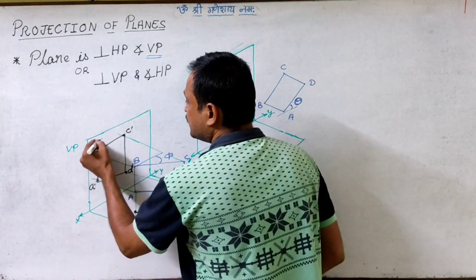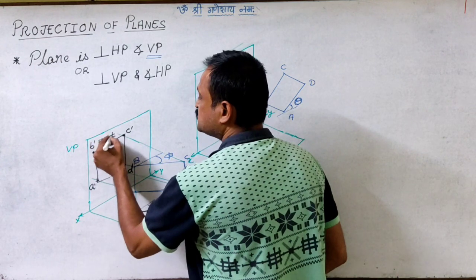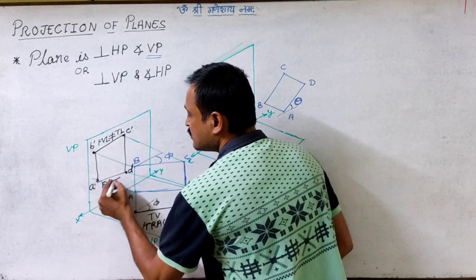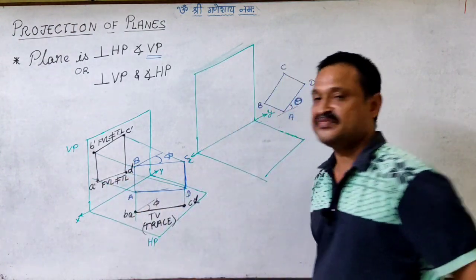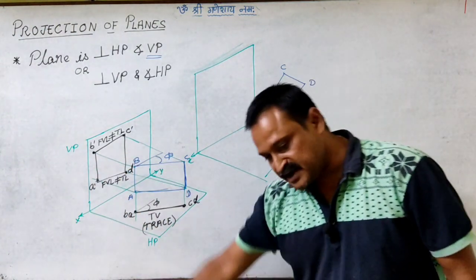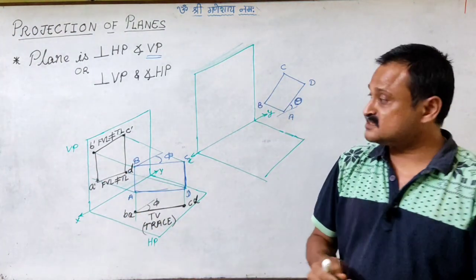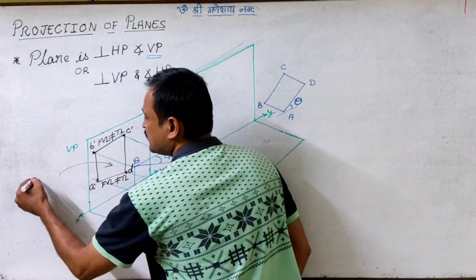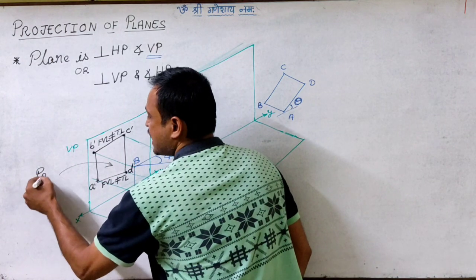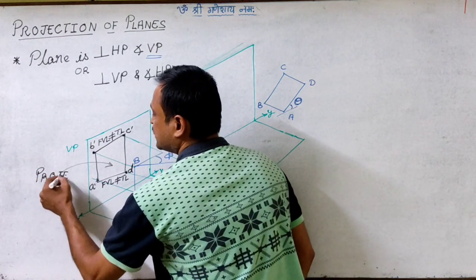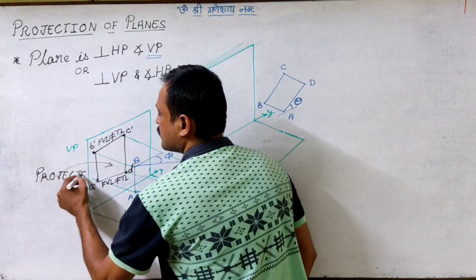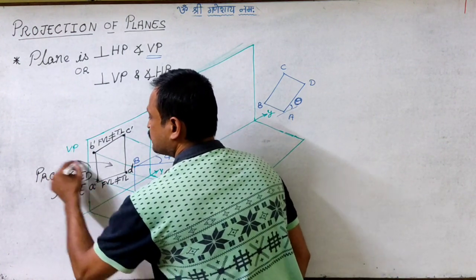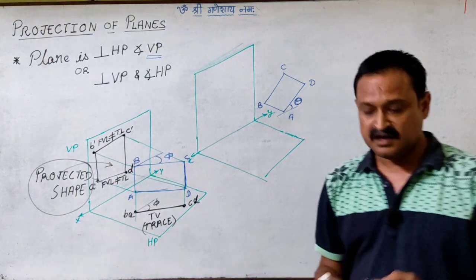So this front view length of these two edges is not equal to the true length, right? If it is so, that means this is not the true shape, or this shape we are getting is the projected shape. So this is the projected shape. This is not the true shape.